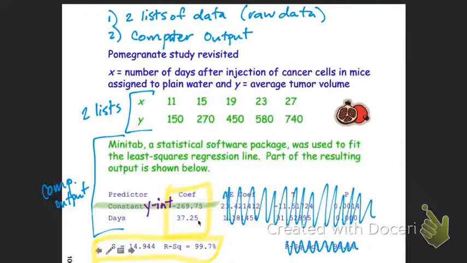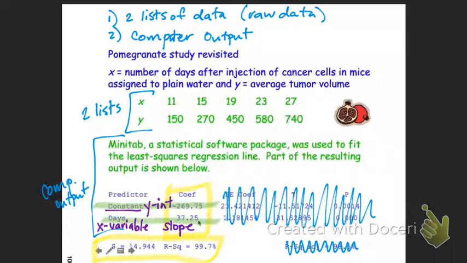So sometimes the order reverses and it gives you the slope first and the y-intercept. So just know that it's always next to the word constant. Then the one that's next to, in this case, days, but it's always your x variable, whatever the context is of your x variable, the number next to it is going to be your slope.